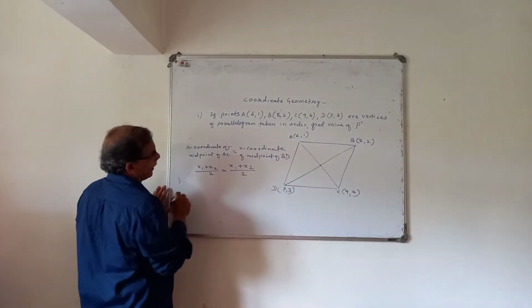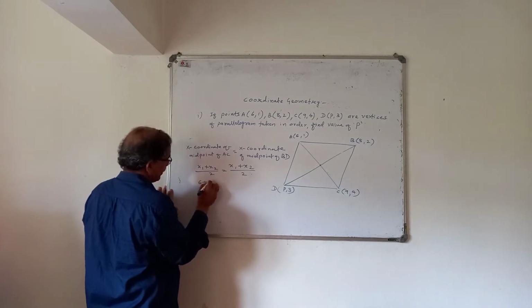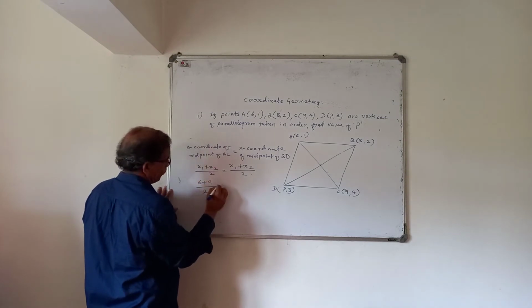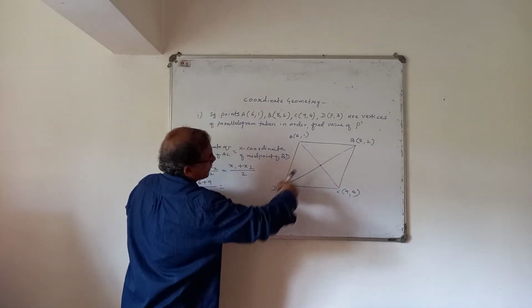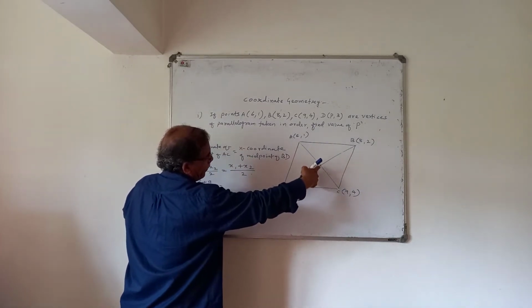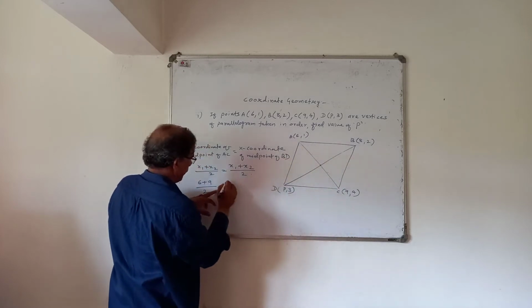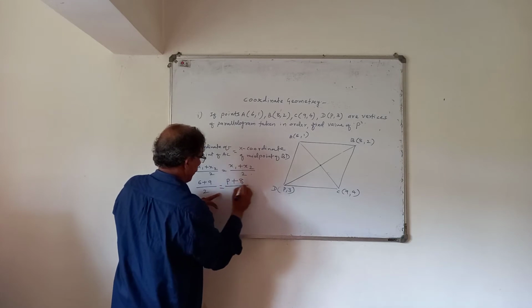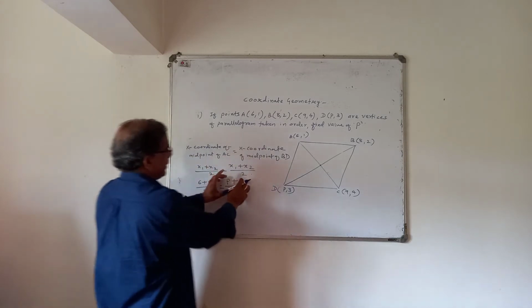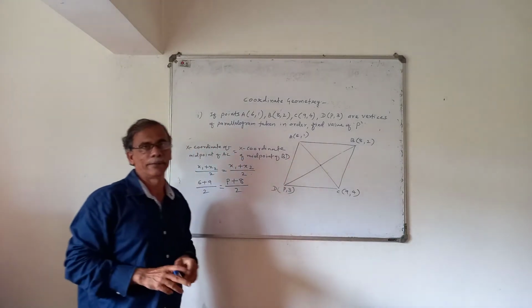So 6 plus 9 upon 2 should be equal to what? Now, the x coordinate of the midpoint of DB, how to calculate? x1 means P plus 8 upon 2. And these are the same because it is the same point.